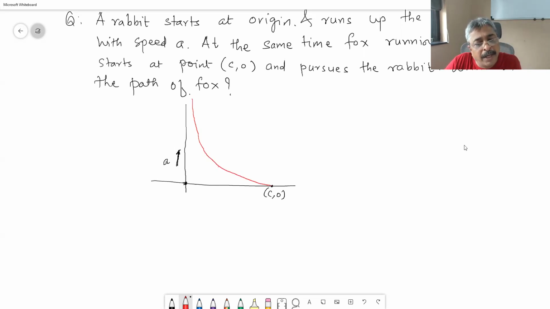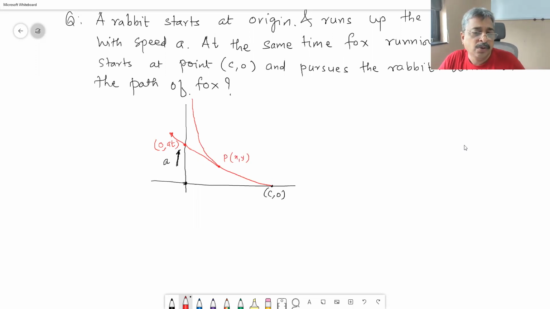At any point P (x, y), the fox will be looking at the rabbit, and therefore this is the tangent at P. And this is the position of the rabbit, which is (0, at). Whatever, after time t, the fox has reached this point and the rabbit has reached this point.